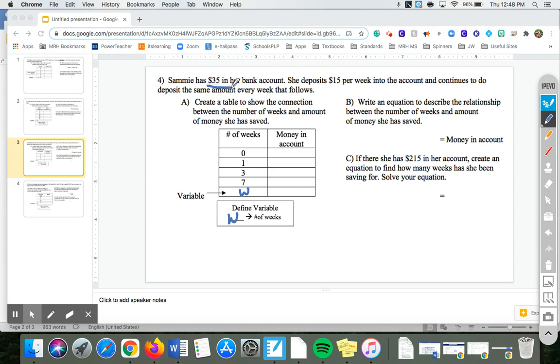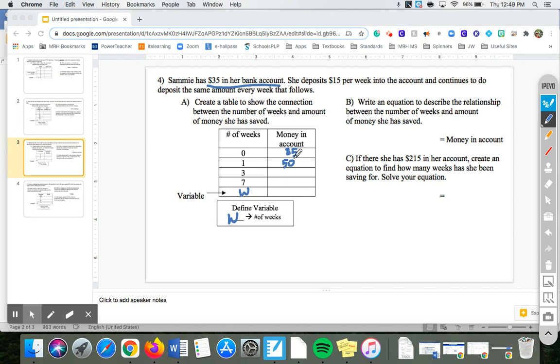She has $35 in her bank account, which means at 0 weeks, she has $35, not $0. But then every week that passes after that, she's going to be adding $15 per week. So I know that at week 1, she starts with 35 plus the 15 that she made in the 1 week. So that's going to be 50. Then we continue that with 3 and 7 and so on.